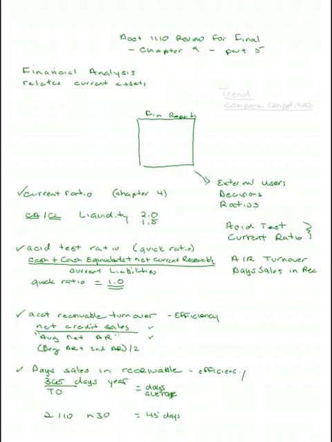Now remember, ratio analysis. The ratio taken by itself is just a number, but when looked at over a period of time, it allows you to spot a trend. Are they becoming more liquid or less? Are they being more efficient or less efficient in how they handle accounts receivable? It also allows you to compare yourself with your competitors.